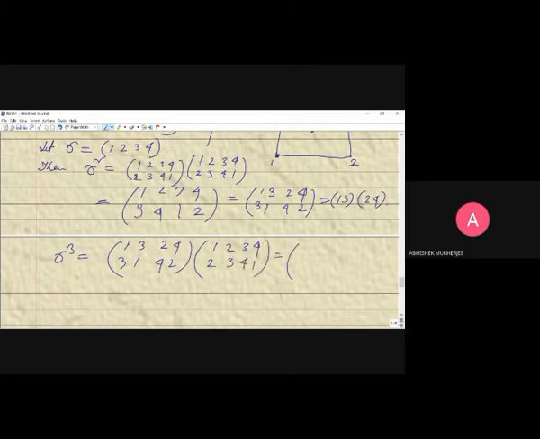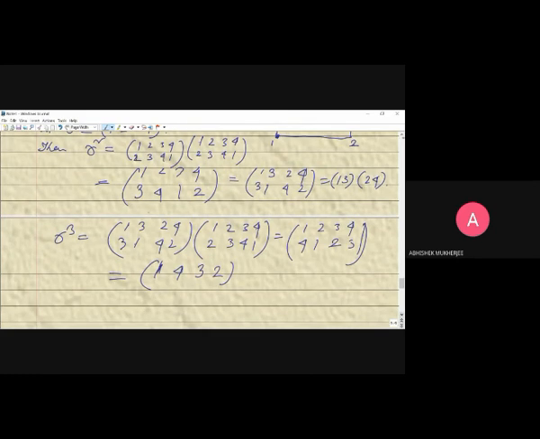So what is that? 1 goes to 2, 2 goes to 3, 3 goes to 4, 4 goes to 1. Yeah, that means it is 1 4 3 2.